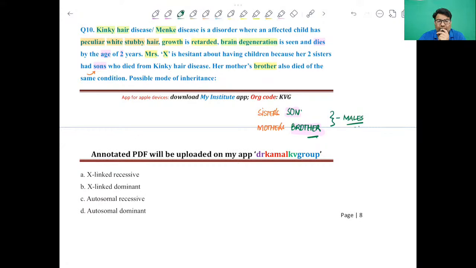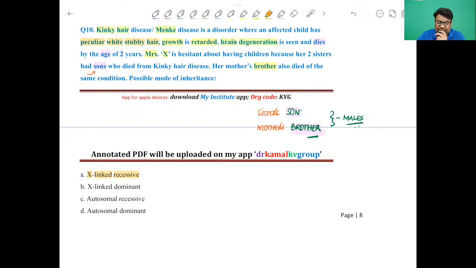Now tell me any pattern of inheritance where the males are affected. So this is X-linked recessive. Very good, Varsha.